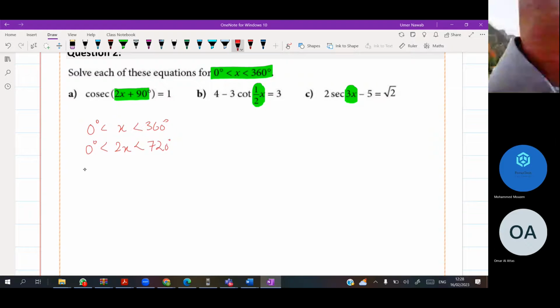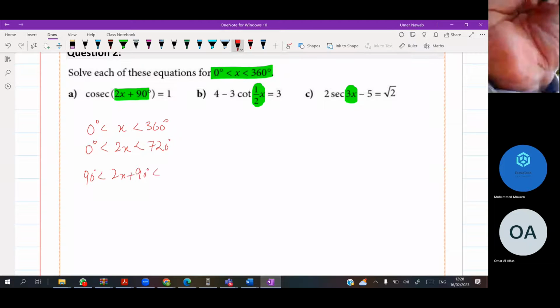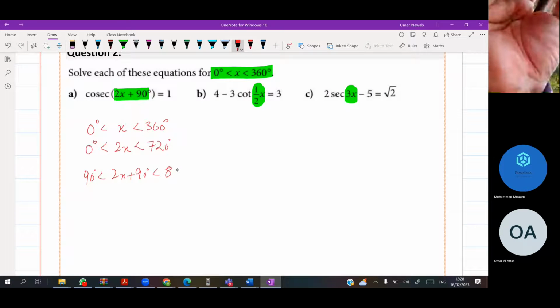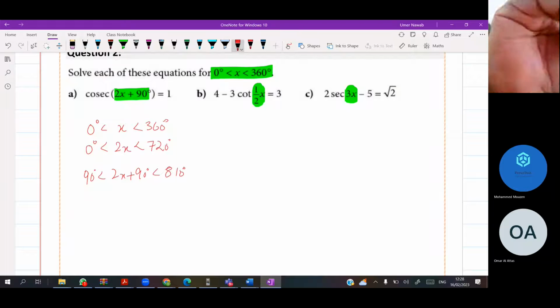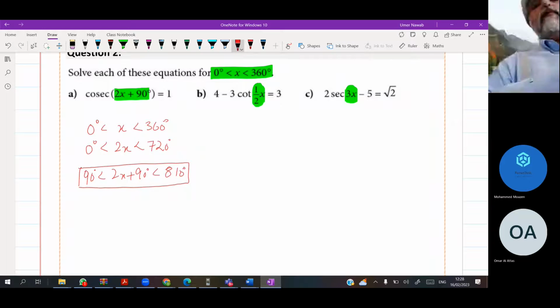Since 90 is added, I'm going to add 90. 2x plus 90, and 720 plus 90 gives you how much? 810. So this is the new domain I have found.